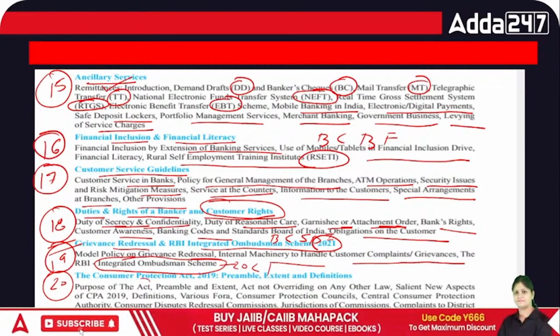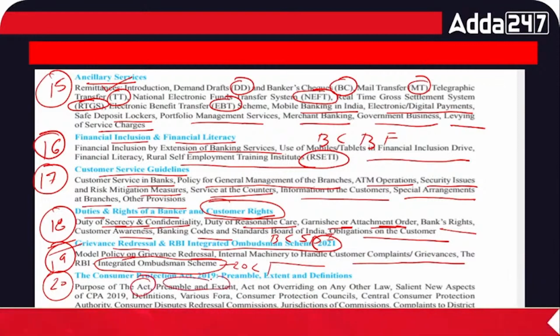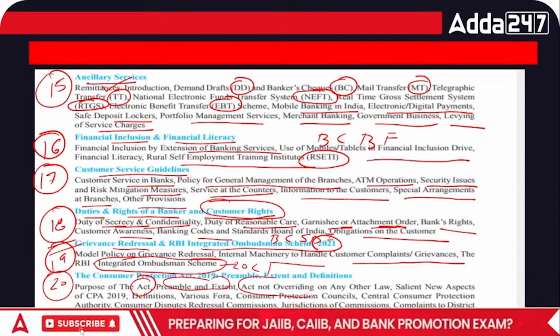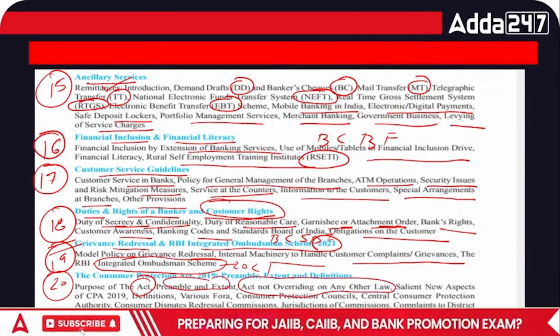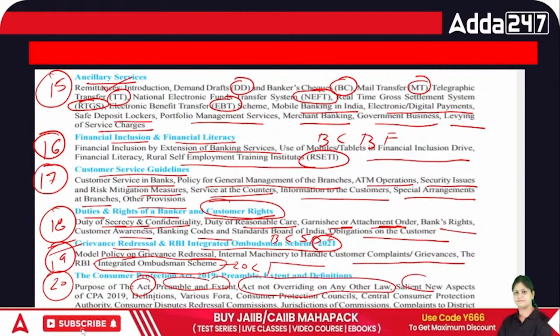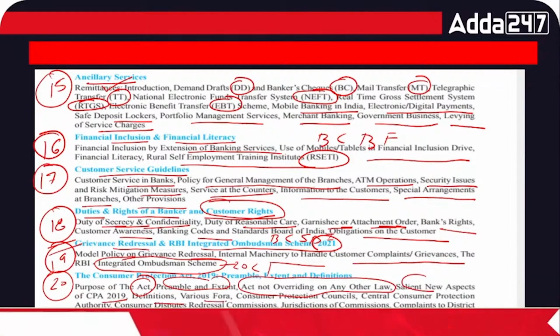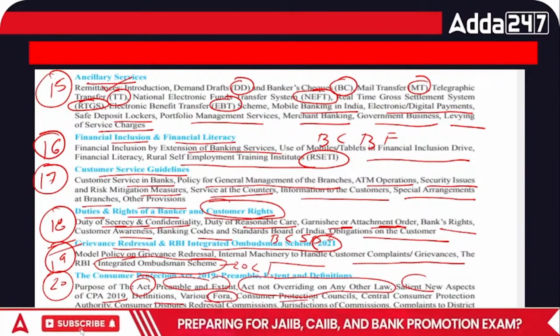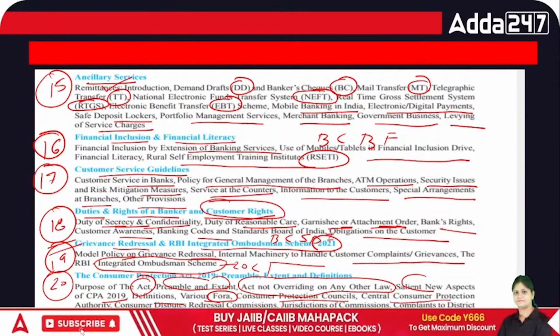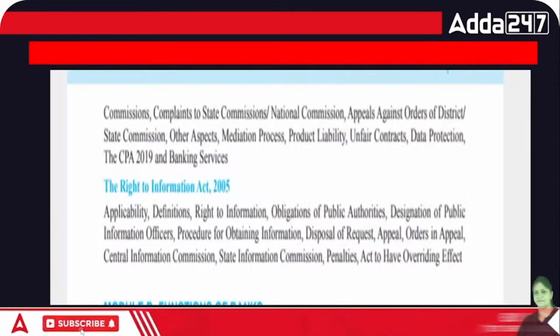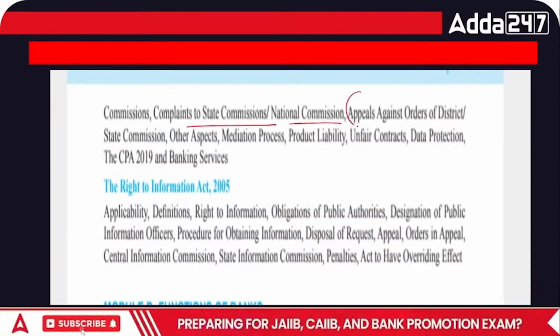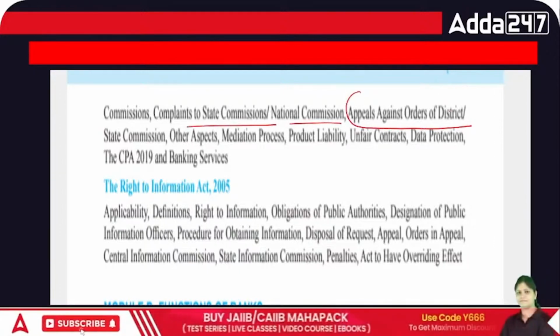The purpose of the act, preamble and extent, act not overriding any other law, salient new aspects of CPA 2019, definition, various fora, then Consumer Protection Council, Central Consumer Protection Authority, Redressal Commission, and what is a jurisdiction. What is a complaint to state, national, and how you can appeal against the order before the district, state, and other aspects.